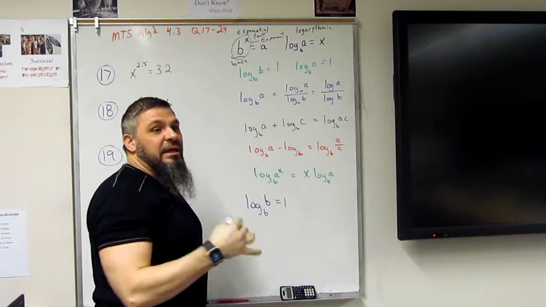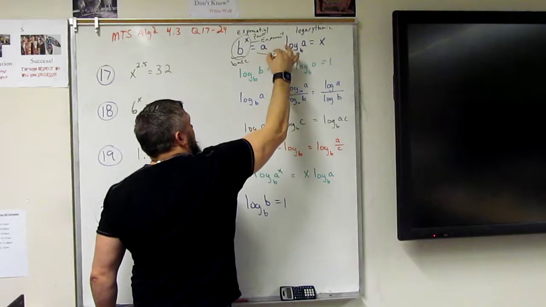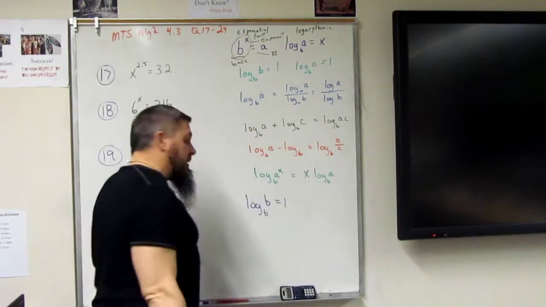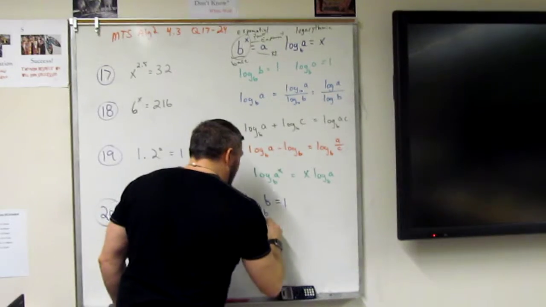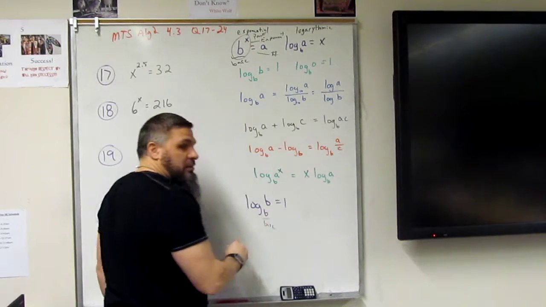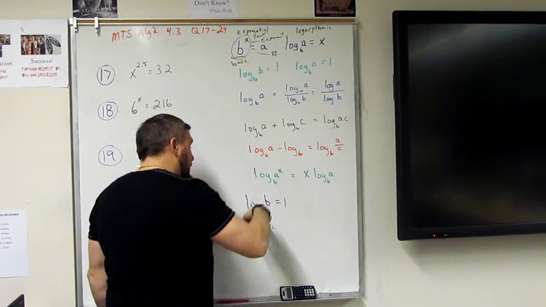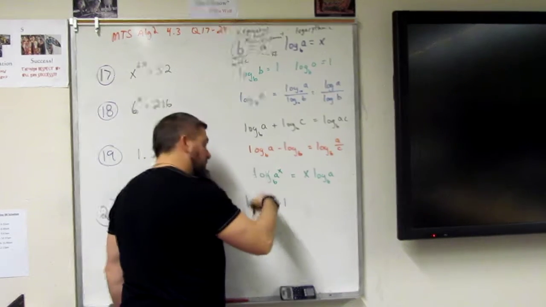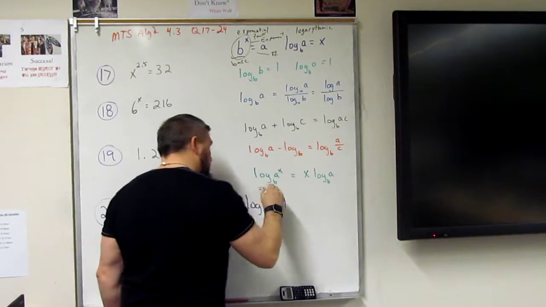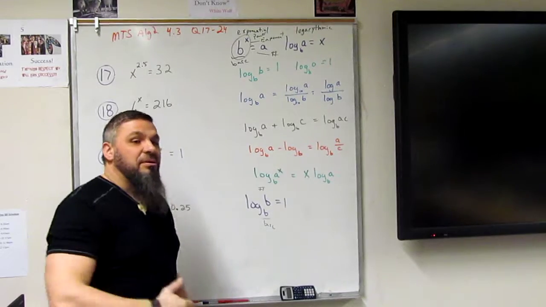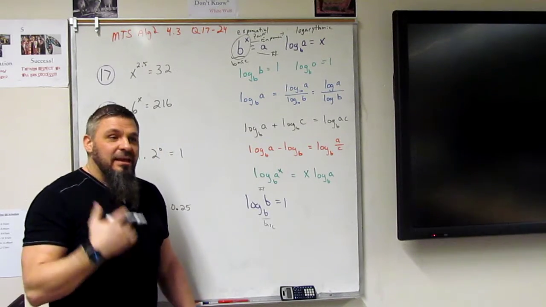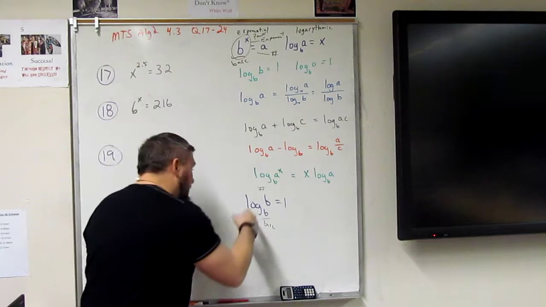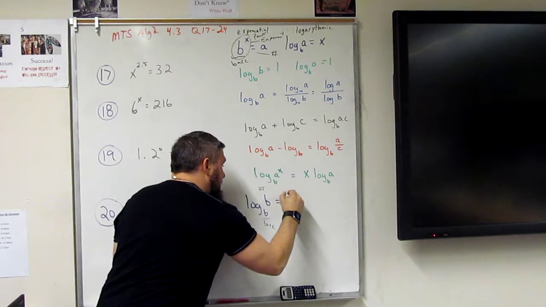Then it has a number. Same thing with the logarithm. It has a base. It has a number. And a logarithm, if you just remember, is an exponent. That's what it is.